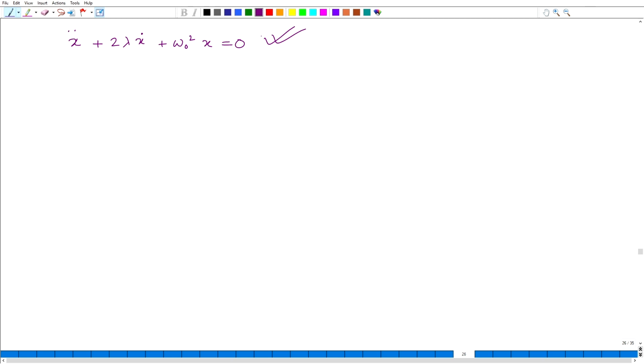Whenever you have an nth order linear ordinary differential equation with constant coefficients, okay, a very useful trial solution is that you take x proportional to some e to the power of some quantity, let us say r t.